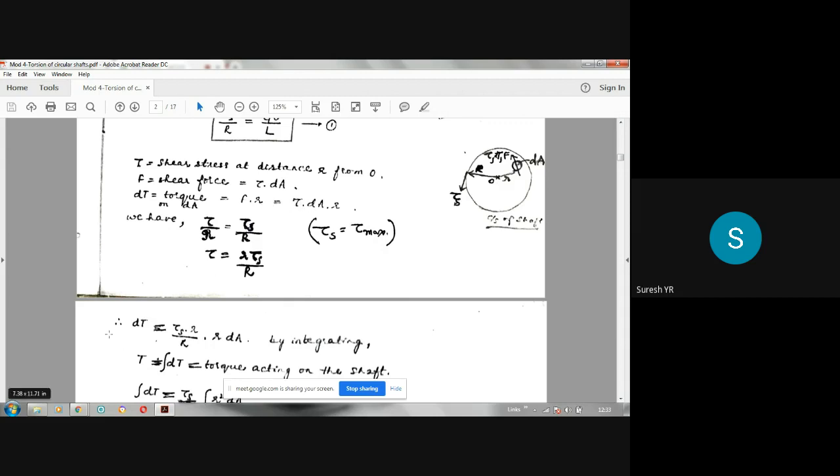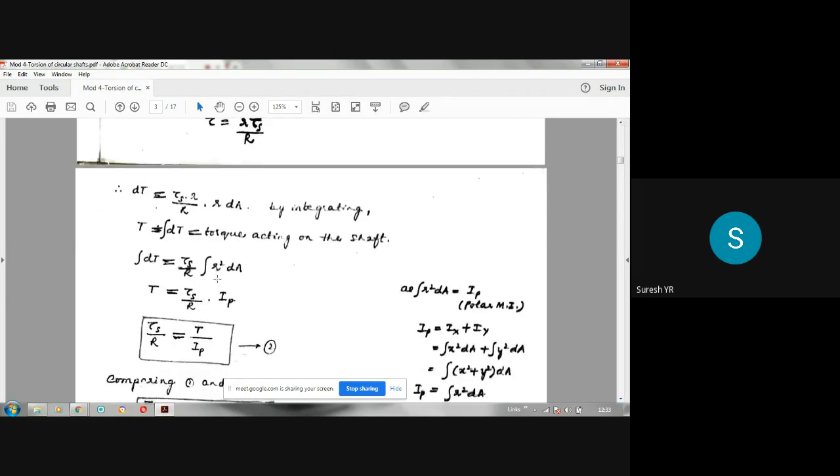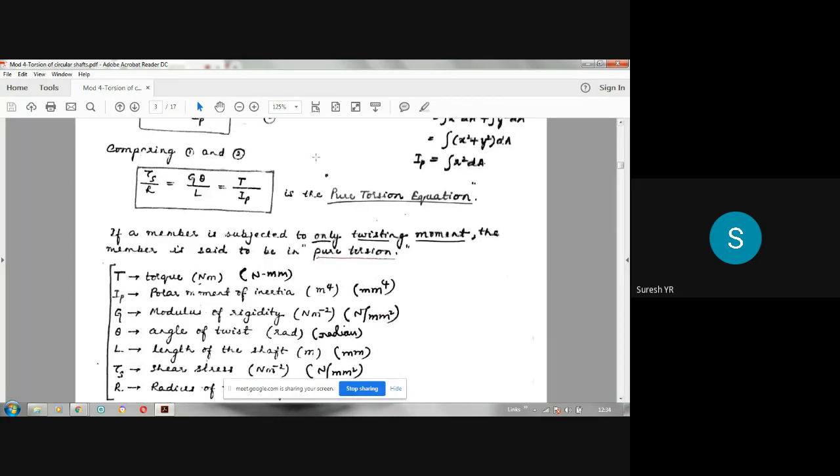When that torque is integrated over the entire area, you get this equation where IP is integral r square dA. So if you compare 1 and 2, finally you get this equation.